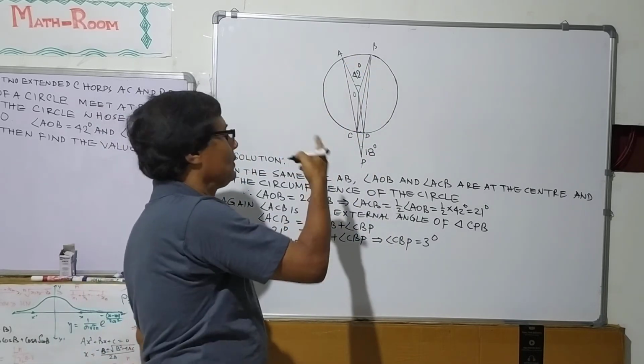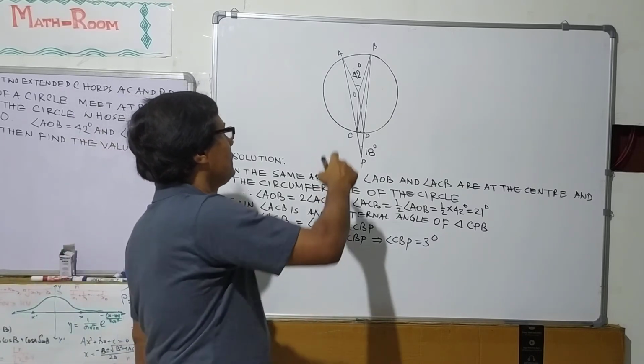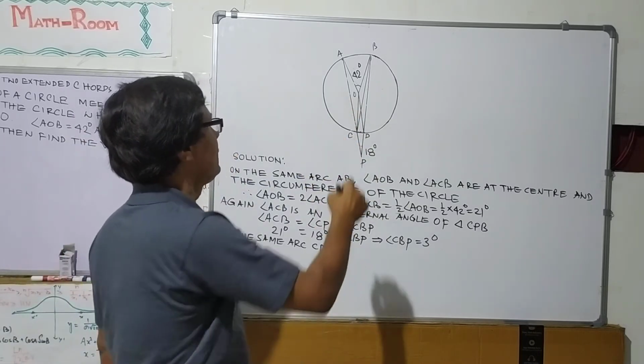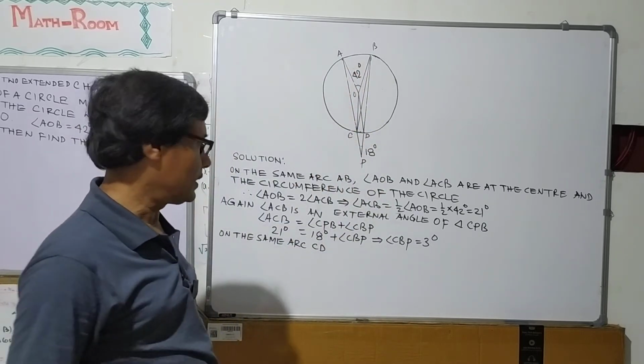We have already known the relation between them: the angle at the center is equal to twice the angle at the circumference.